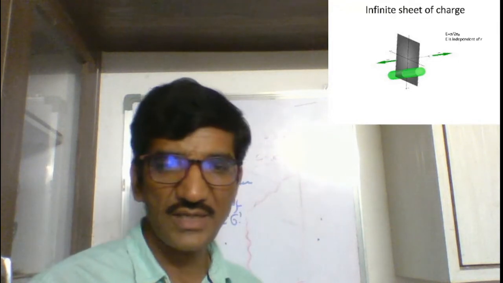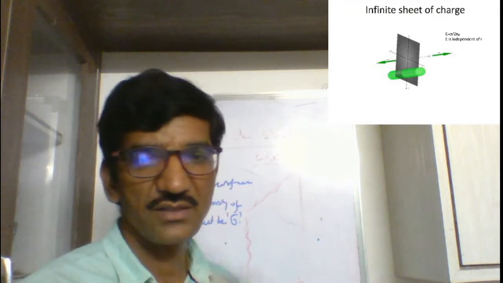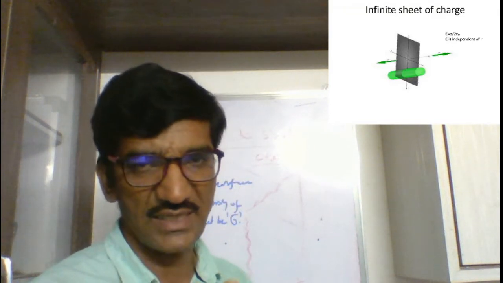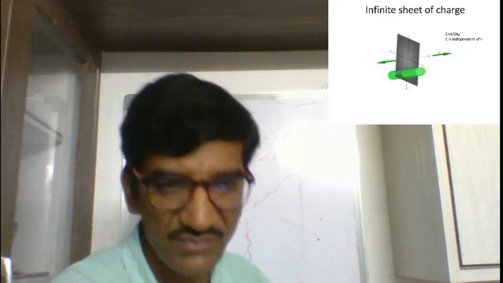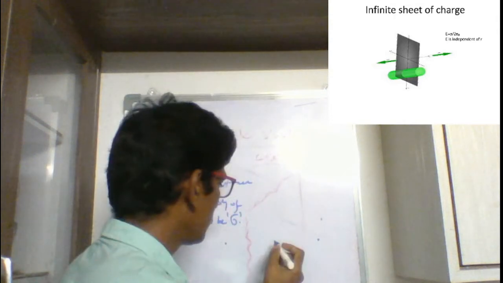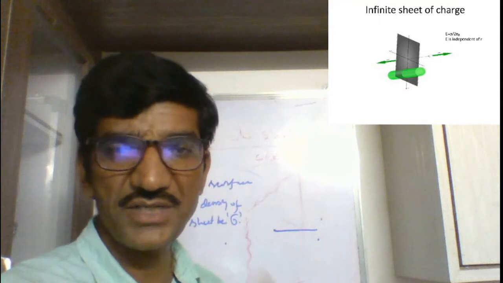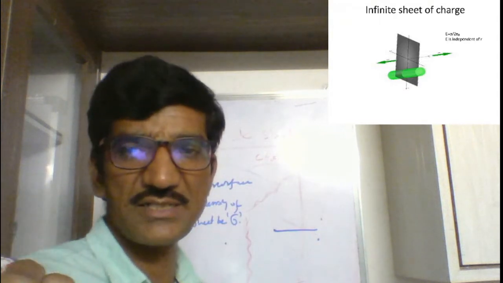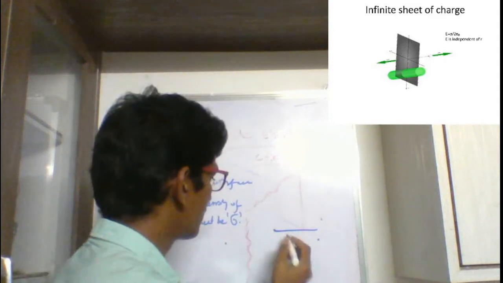Most obviously we consider the Gaussian surface in the shape of a circular cylinder. One point will be on the top of the cylinder, one point at the bottom. The cylinder, as you see in the slide also, is piercing that plate. We are just imagining.